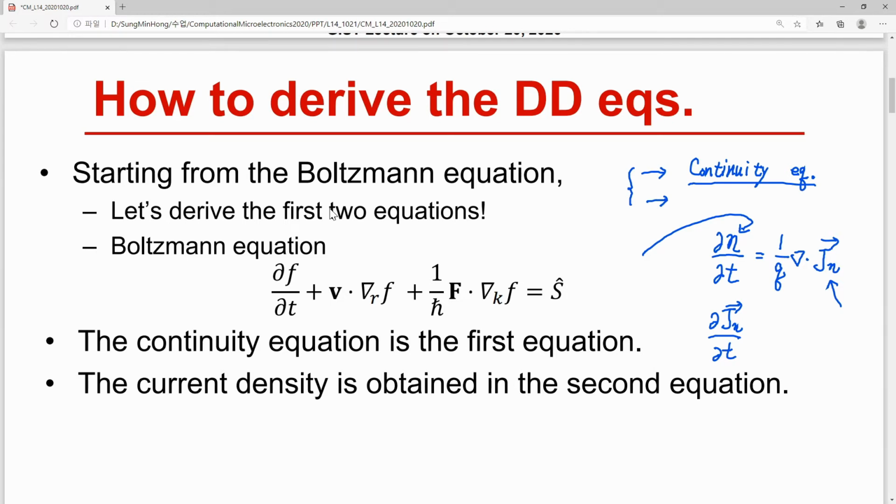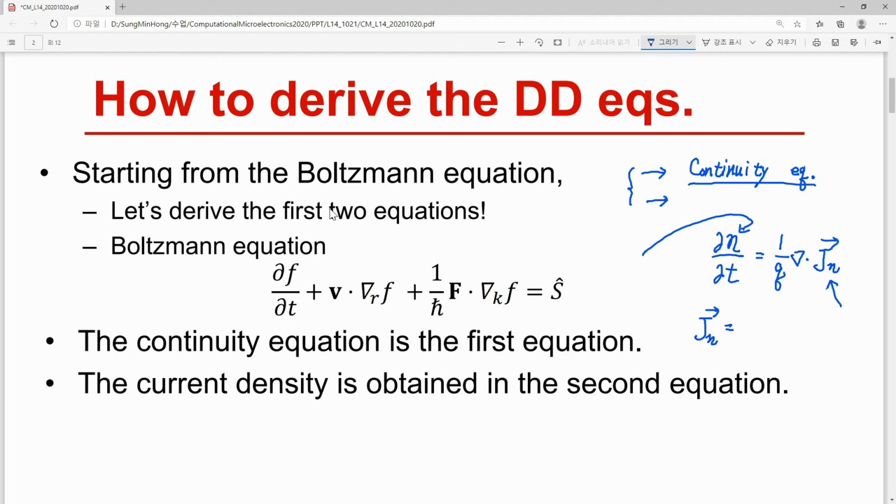However, in the so-called drift diffusion equation, instead of this time derivative equation, we just specify J sub n as a function of electron density and electric field.